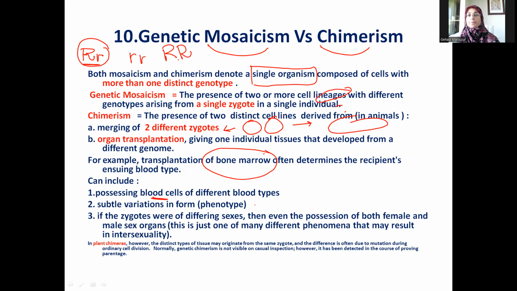Sometimes the chimerism is shown as patchy areas of different phenotypes, meaning that the genotype will be expressed in the phenotype. Of course, here, concerning the blood cells, when I say that the blood cells are of different blood types, there could not be major differences when you implant or transplant bone marrow.